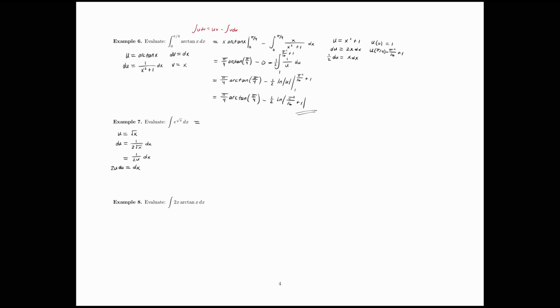So then this integral here is equal to the integral of e to the u, and then dx becomes a 2u du. Okay. So now that we've done a u sub, we are now actually going to do an integration by parts.